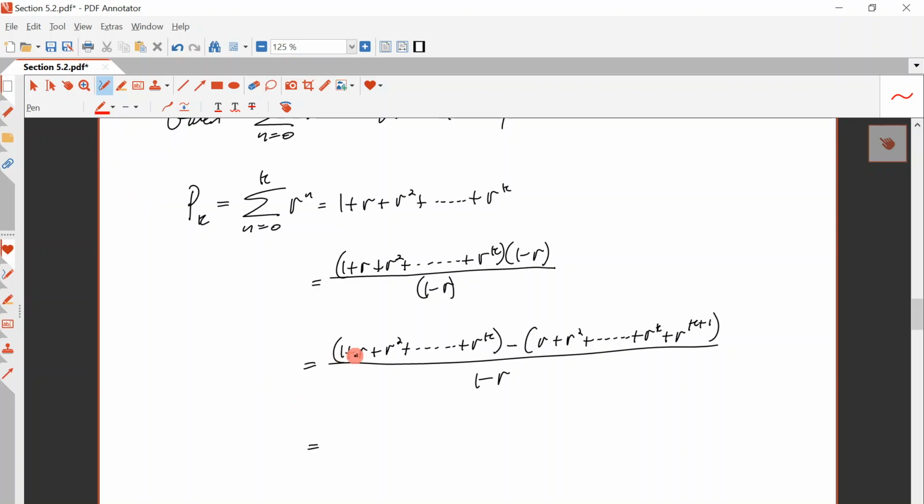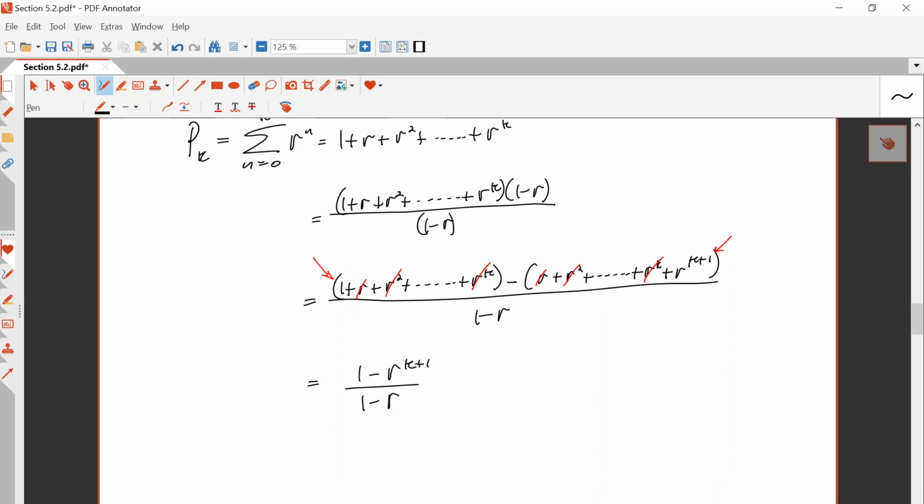The 1 doesn't cancel with anything, but here we have plus r minus r, plus r squared minus r squared, plus r to the k minus r to the k. So everything cancels except for this 1 and this r to the k plus 1. So this whole thing is equal to 1 minus r to the k plus 1, over 1 minus r. Okay? So that's the kth partial sum for the geometric series.